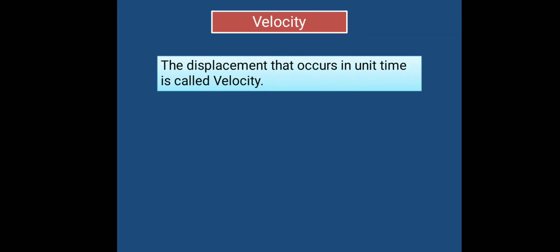So velocity can be defined as the displacement that occurs in unit time. Velocity is equal to displacement upon time. This means that in unit time an object changes its position.